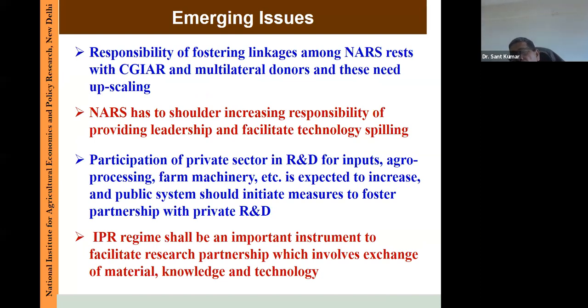Participation of the private sector in R&D for inputs, agro-processing, and farm machinery is expected to increase, and the public system should initiate measures to foster the partnership. So the IPR regime will be an important instrument to facilitate the research partnership.